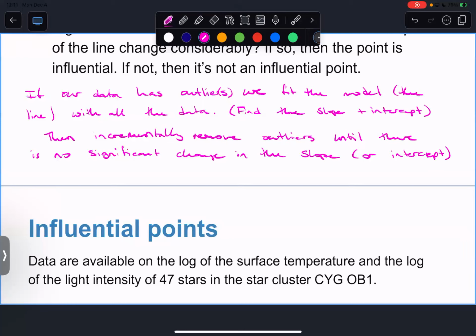Because you don't want to have outliers in there that are impacting your slope hugely. But if you're able to keep them in there and it doesn't impact your slope by very much at all, then you're better off just keeping them. So the overall goal is to keep as much data as possible.